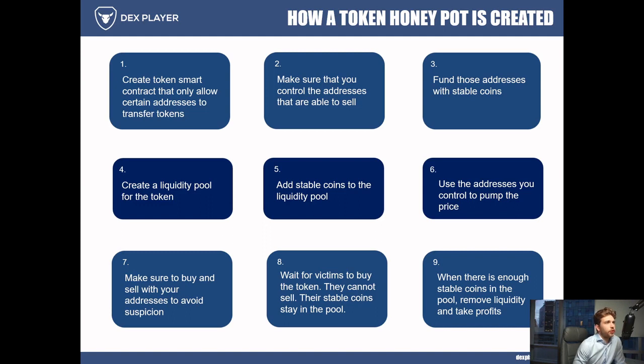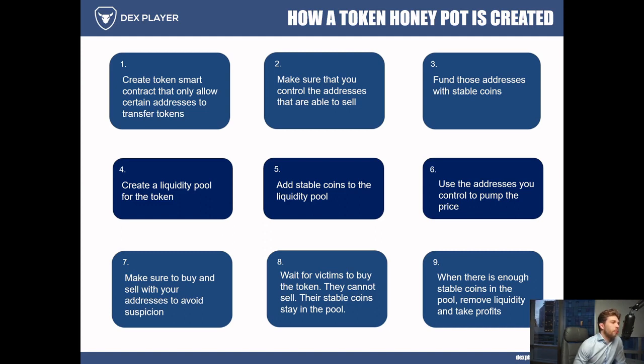He funds these addresses with stable coins. Then he goes on and creates a liquidity pool for the token. He then adds stable coins to the liquidity pool. He uses the addresses that he controls to pump the price. This is the tactic used to attract people to buy into the honeypot.